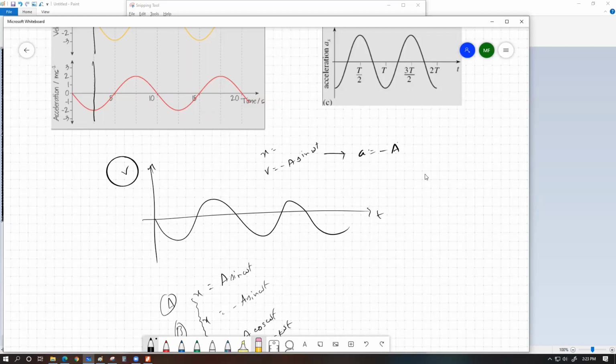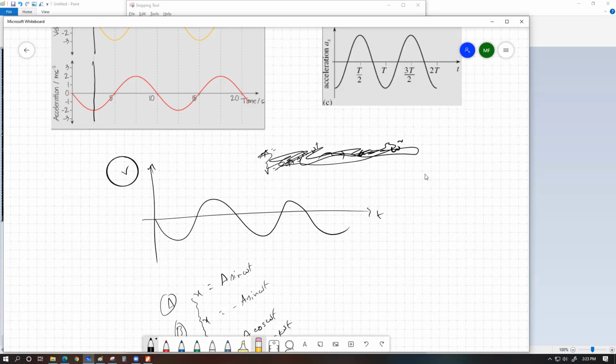Minus a, I should have written the omega squared in the beginning, so I'm going to write the omega squared. So minus omega squared, I should have an omega over here. Well, forget about this omega stuff, whatever.